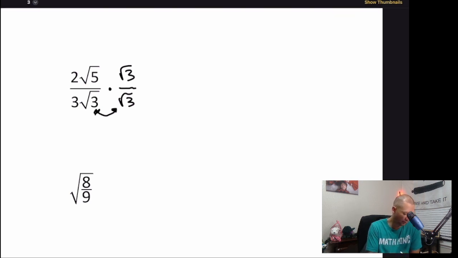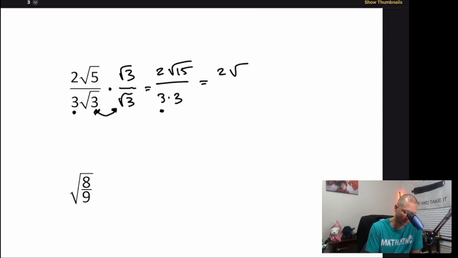And then times 3 because of the coefficient. So this is going to be 3 times 3, right? Because root 3 times root 3 is 3, and this 3 is from the coefficient. So that's basically 9. And then up top, we have 2 root 15. So final answer, 2 root 15 over 9.